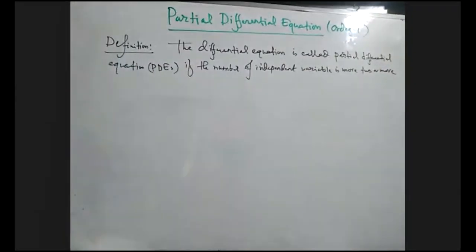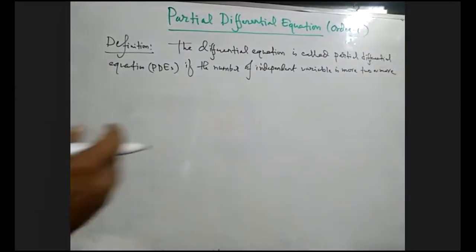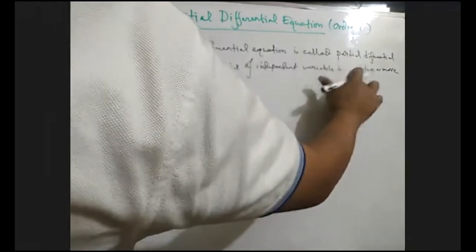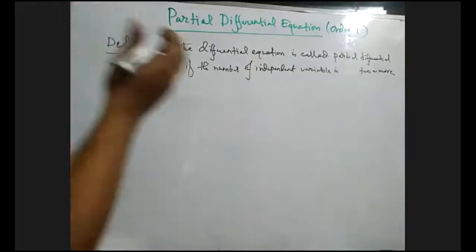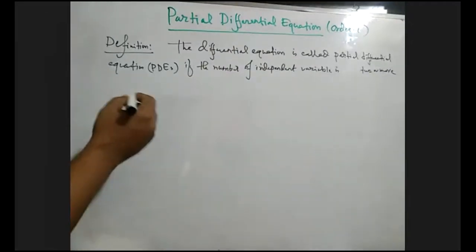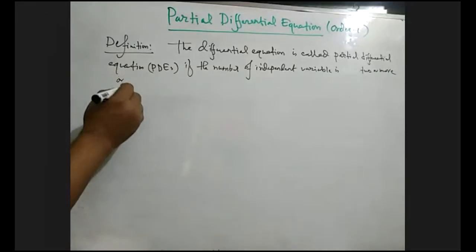Okay, the number of variables is two or more, that means more than one.